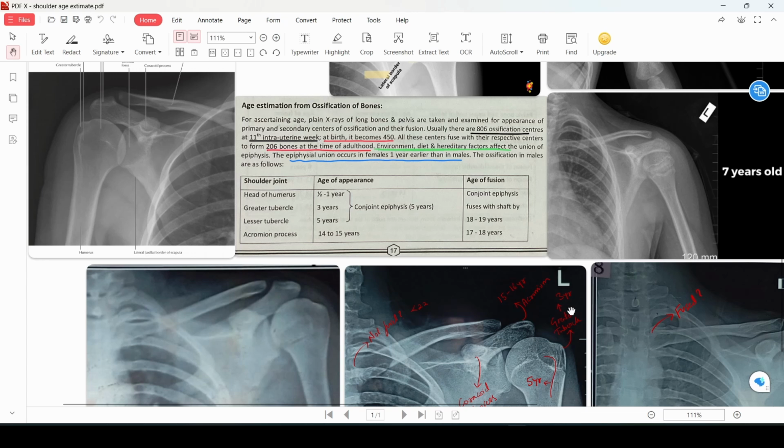If the body understands that this person now has to start walking, start running, at that point the body ossifies the bones important in running, catching things, holding things, lifting things. For all these, long bones are necessary. So the humerus, radius and all these long bones start to ossify. This is how the long bones or weight bearing bones ossify first, and those not essential in weight bearing ossify last.